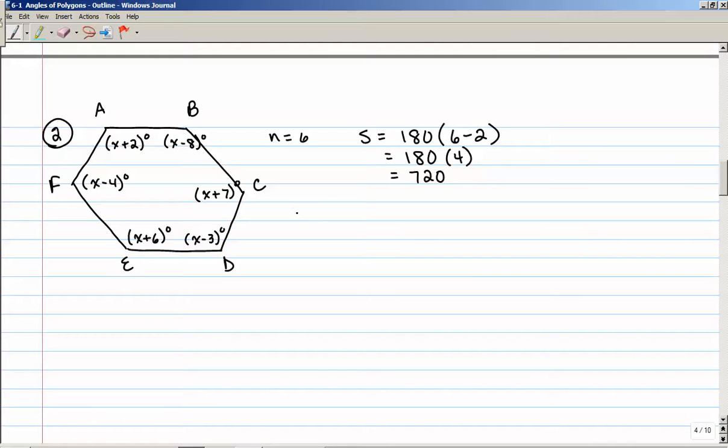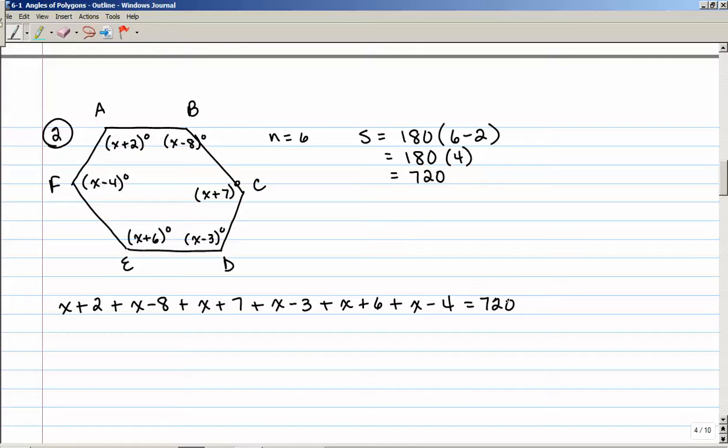So let's write our equation. I'm going to do it down here because it's going to be kind of long. x plus 2, which is angle A, plus x minus 8, plus x plus 7, plus x minus 3, plus x plus 6, plus x minus 4, equals 720.